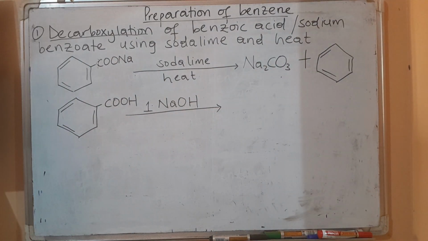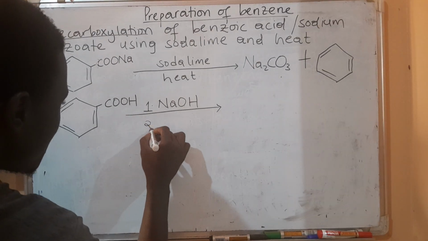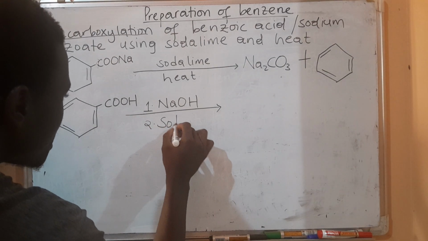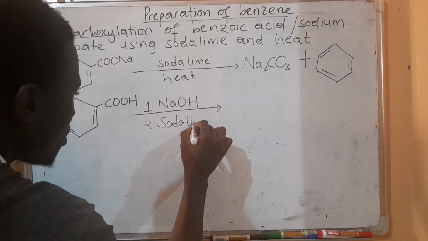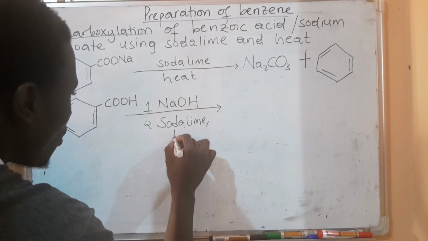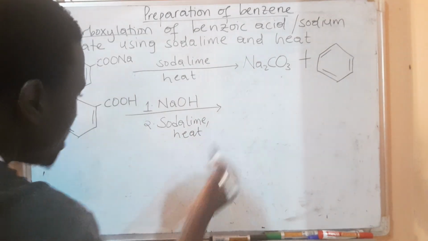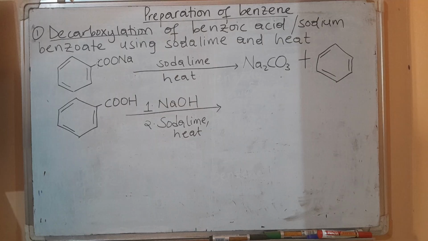Why do we react it with sodium hydroxide? We react it with sodium hydroxide to form the salt sodium benzoate. Then in the second step, we react the product with the soda lime on heating.